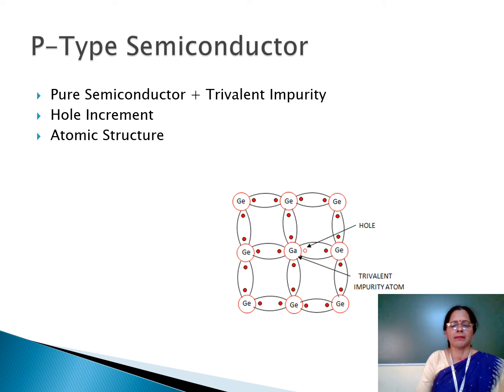In this covalent bond, there is a missing electron, or a position of accepting one electron, which means generation of holes. So it is clear that due to the addition of one gallium atom, we get one hole. If we add a small piece of gallium, we get millions or billions of extra holes. So due to the addition of trivalent impurity, you get a large number of holes.